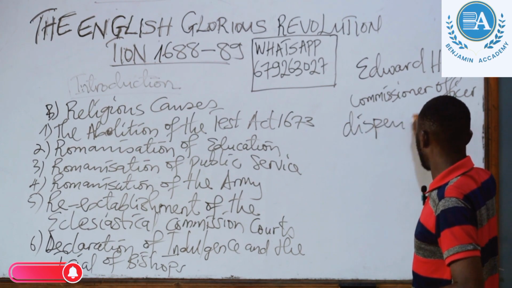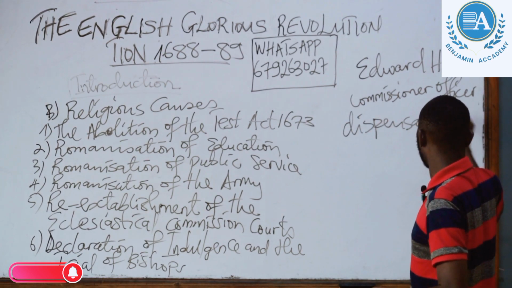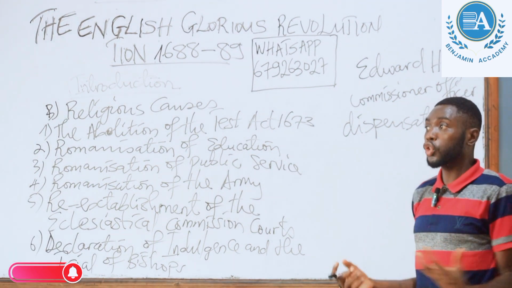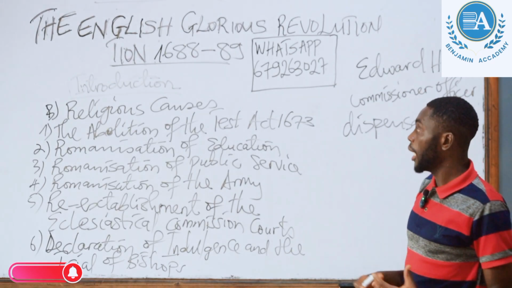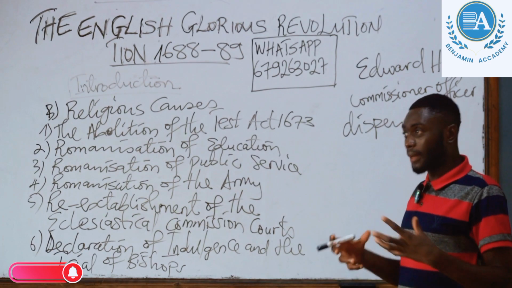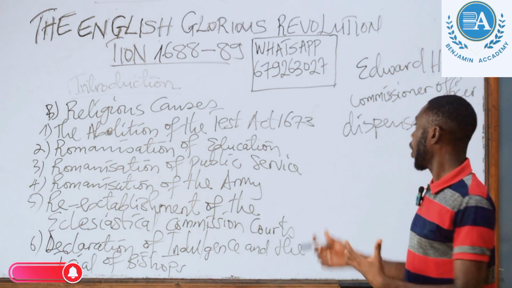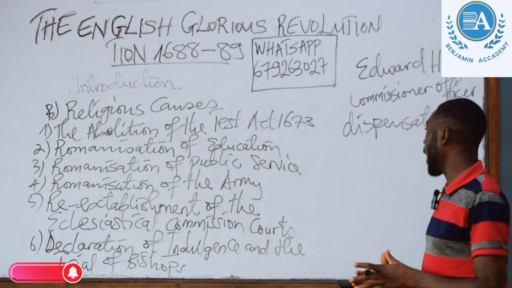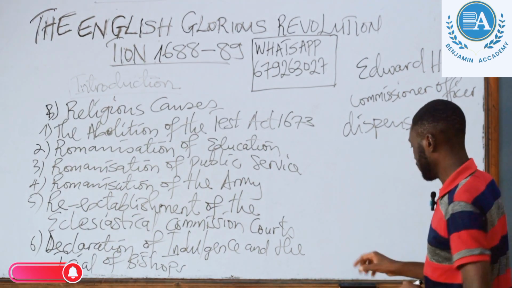A dispensation was a written document given to him by James II, permitting him not to swear an oath. So the court found him not guilty, and the people of England started getting antagonized by the attitude of James in abolishing the Test Act.